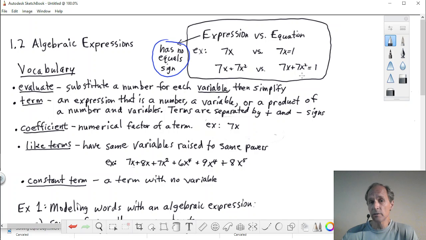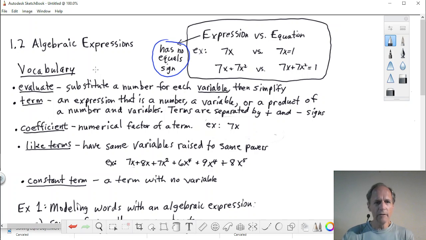It says they're equal. An expression is just an expression. It does not stipulate any relationship. It doesn't say this is greater than something or less than something or equal to something. Just an expression.